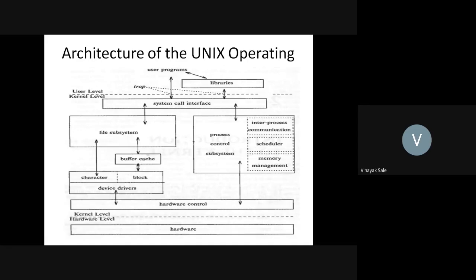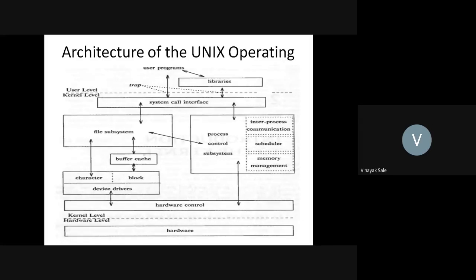Is there any communication between the file subsystem and the process control subsystem? There is a communication between these two parts, the file subsystem and the process control subsystem.